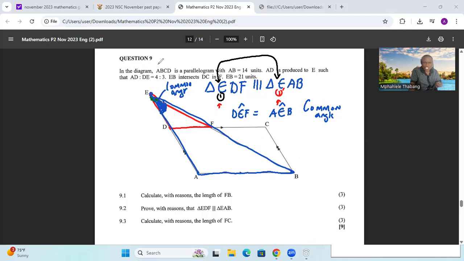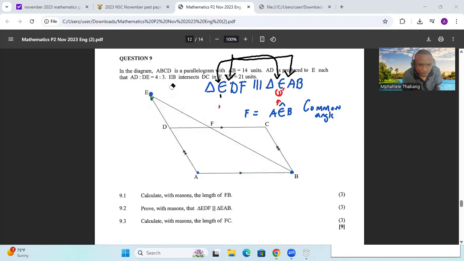Now, let's check if angle D in EDF is equal to A in EAB. So let me erase here and look for D in EDF.